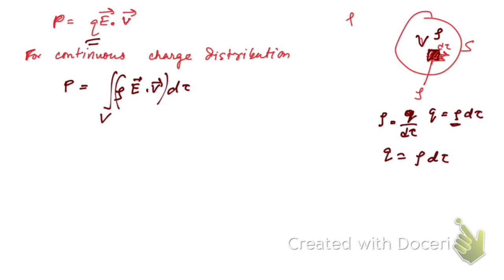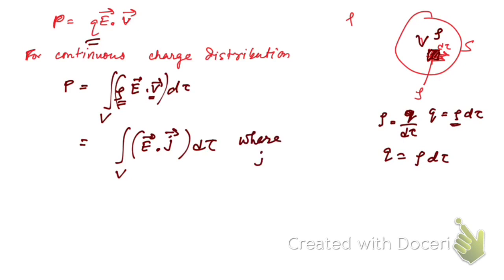This charge density into velocity gives you the current density J, so E dot J, where the current density J is equal to rho V. Hope you have understood this.